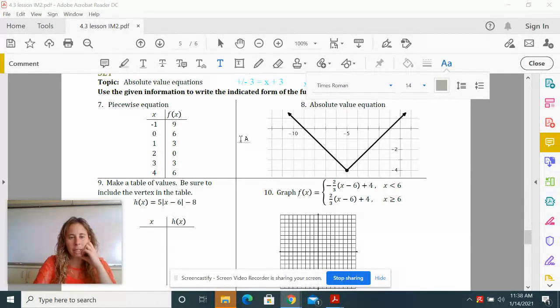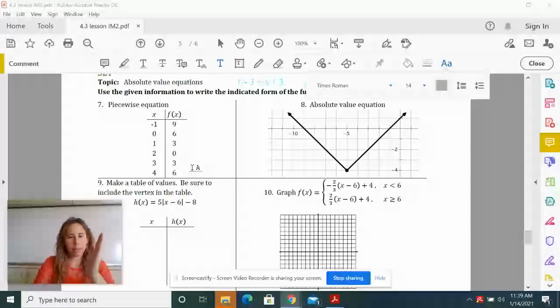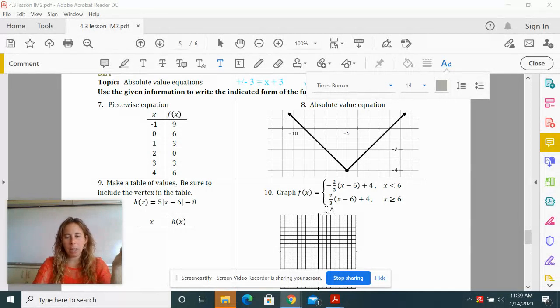What I recommend doing is finding the vertex. And remember, for absolute values, the vertex is where it's symmetrical, so it's where the line of symmetry is, and it's where it changes direction. For instance, I'm just going to look at number 8.